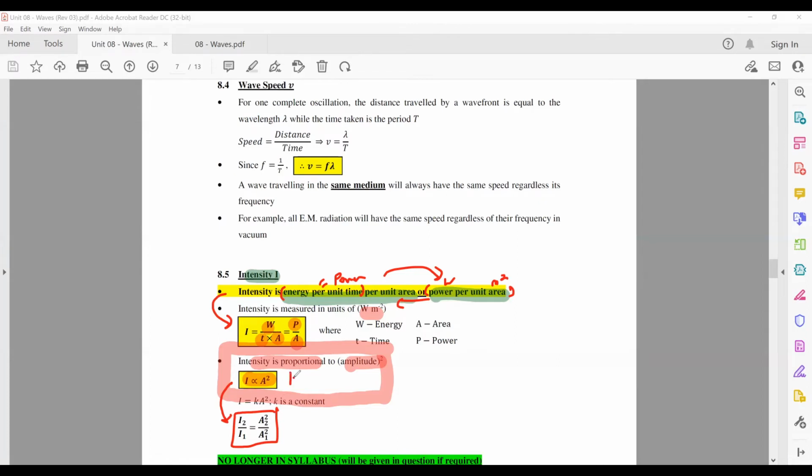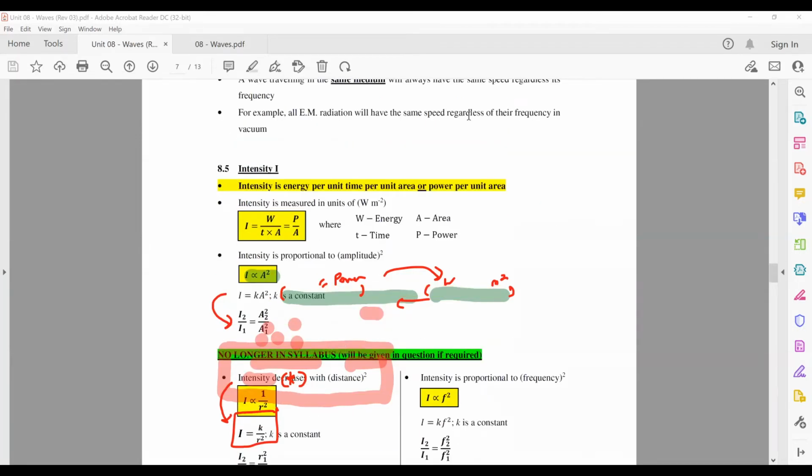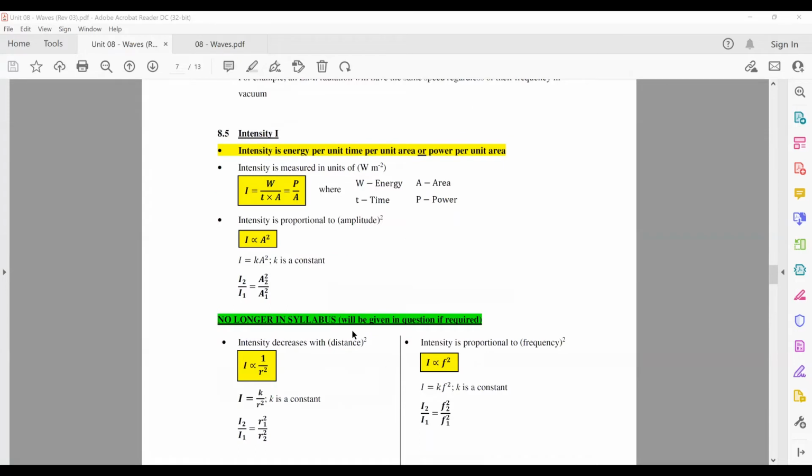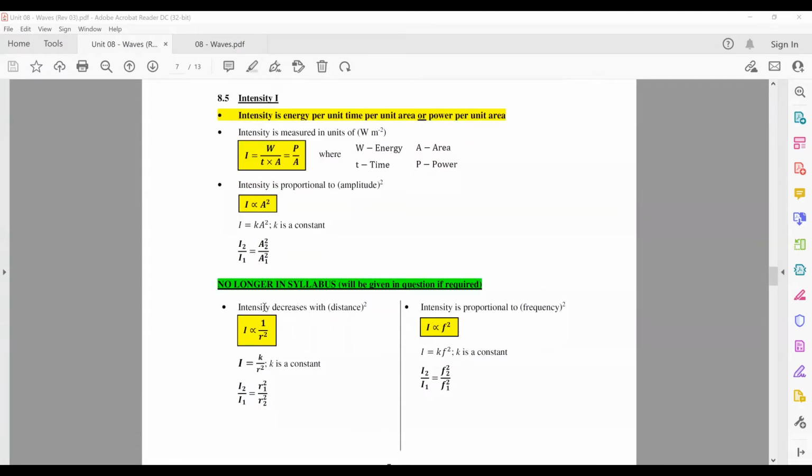This is the most important thing you need to remember from here. All right. Okay, intensity could also be related to other parameters, but they are no longer in your syllabus. It will be given or mentioned to you in the question if you're required to use it. Okay. One thing we will tell you is that intensity tends to decrease with distance.